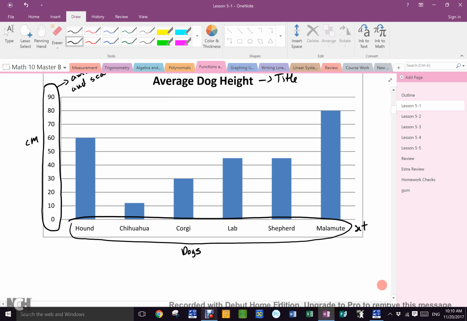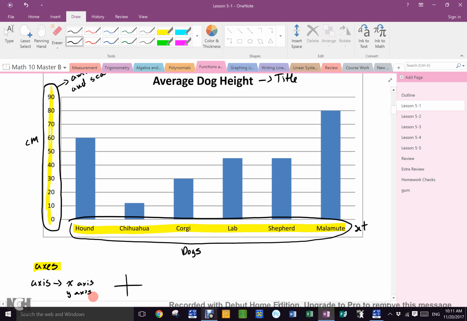Now, we know that this and this, and I'm going to use highlighting, yellow, yellow, these are what we call axes, which is the plural form of the word axis, which you guys learned in grade 9, right? When you guys were doing graphing in grade 9, there was the x-axis and the y-axis. And that was this thing, right? Over 6, up 3.